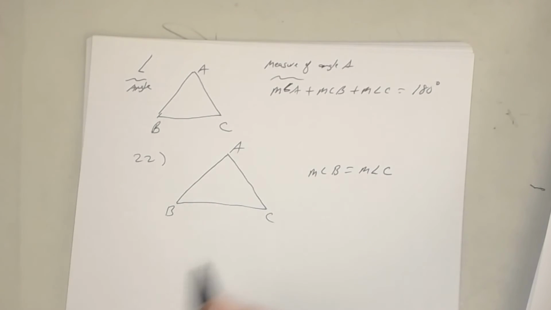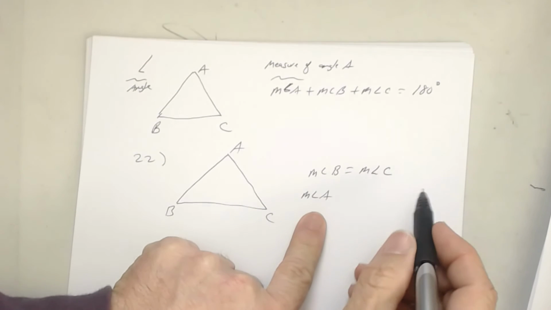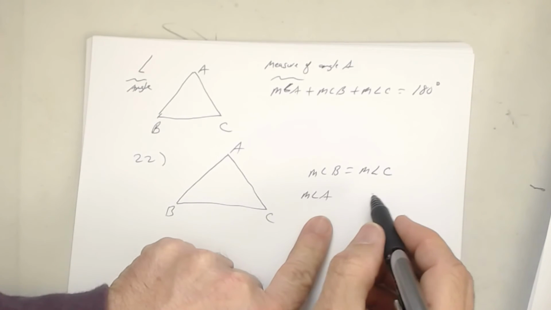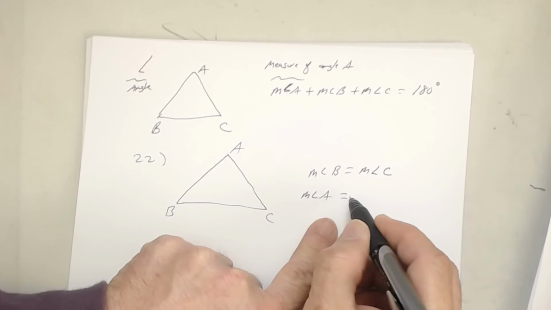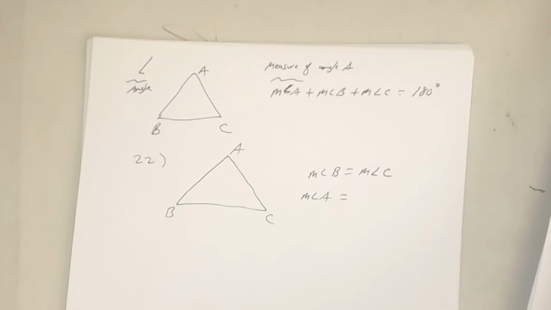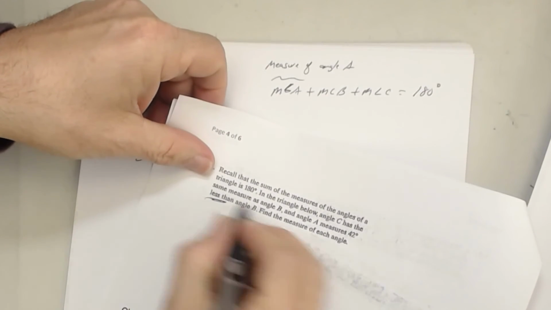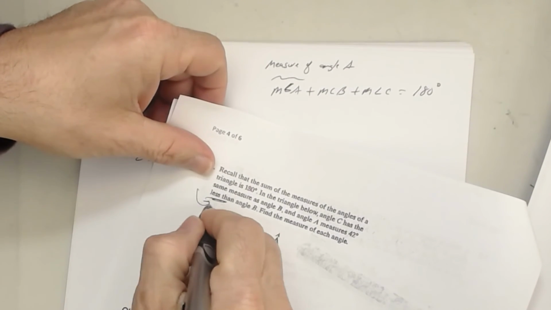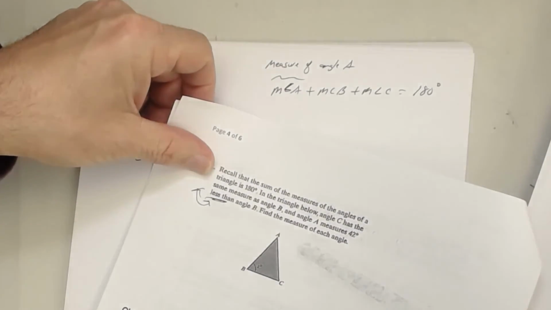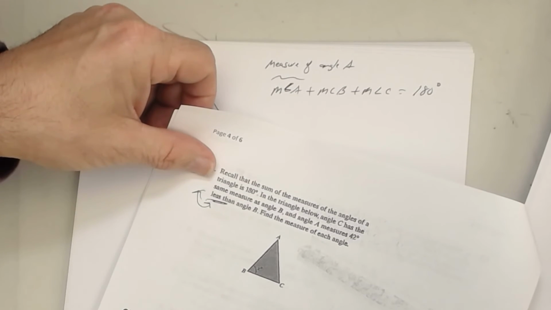The measure of angle A is equal to 40 degrees less than angle B. Remember, with less than, you have to reverse. Less than means subtraction.